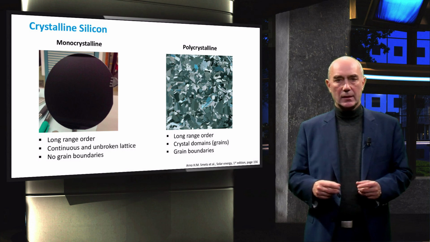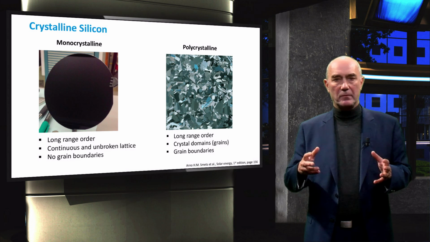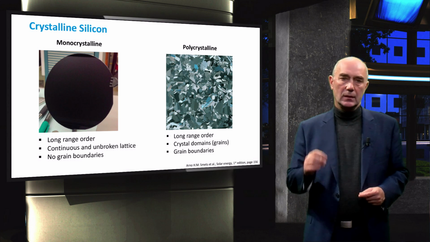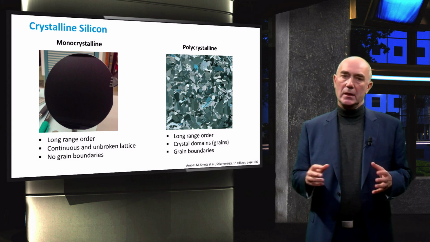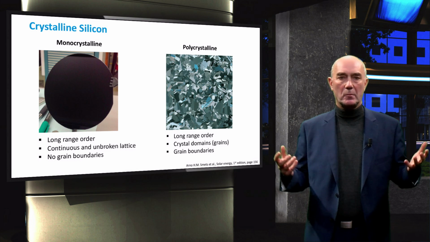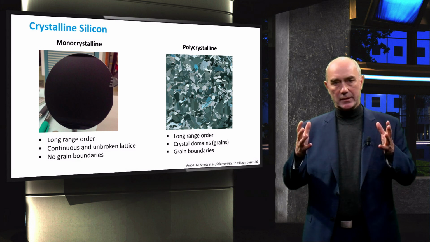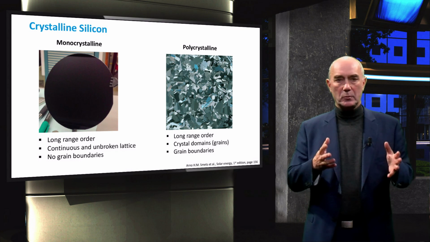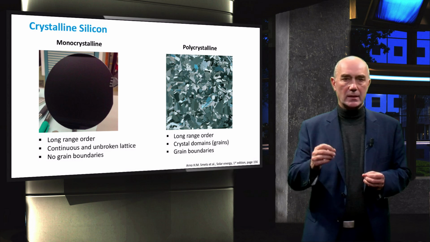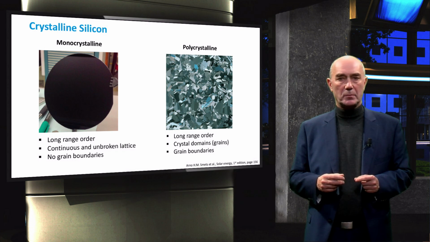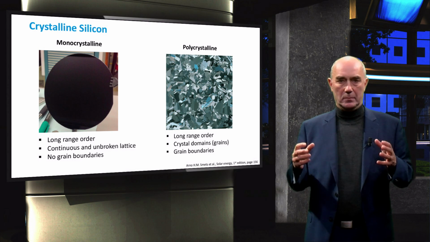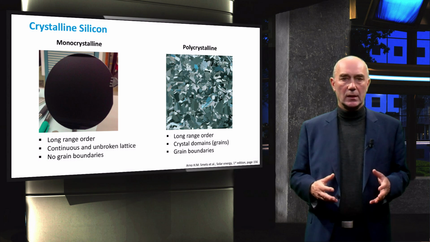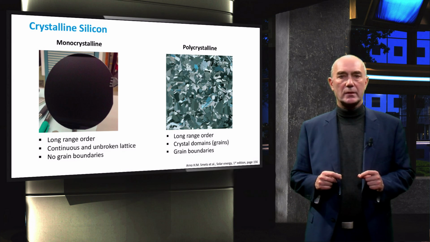In the first case, the lattice is characterized by very long-range order over the whole wafer. On the other hand, in polycrystalline silicon, we can observe several crystal domains. These domains are still large, in the range of centimeters. The boundaries between the domains can be seen as defects, and they hinder the charge transport within the material. The presence of grain boundaries decreases the electronic quality of the material and influences the performance of solar cells.